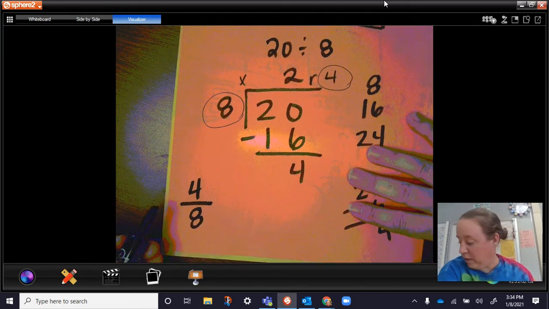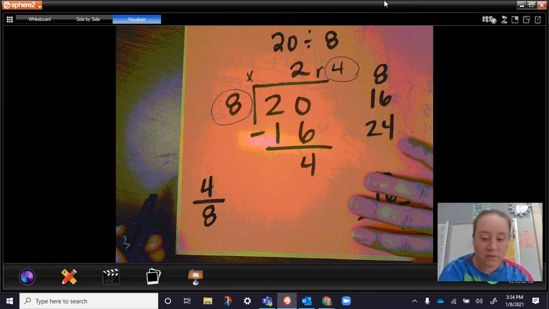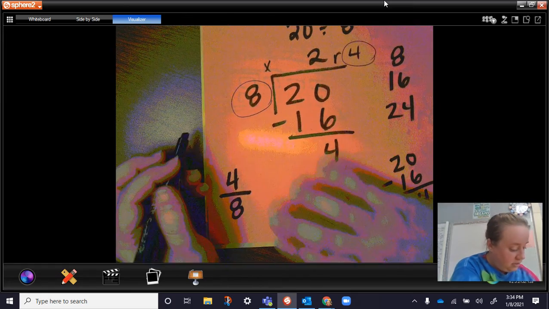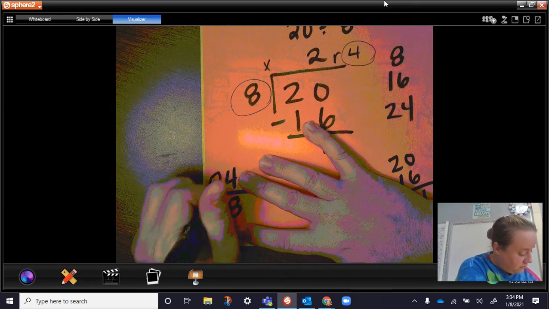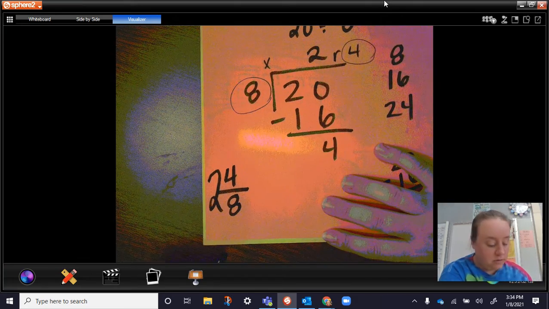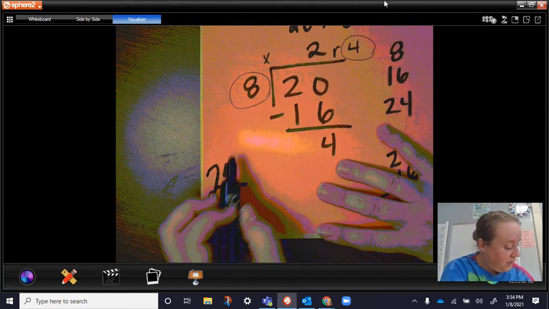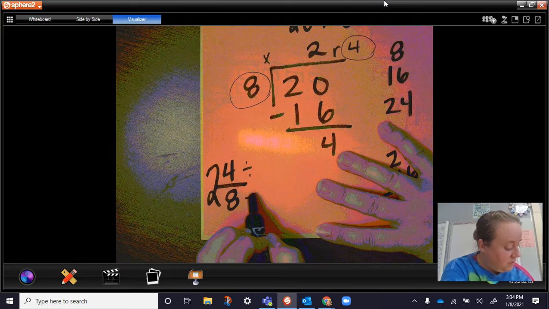Well, 4/8, when we looked on our answer choices, 4/8 wasn't one of the options. And the 2 is the whole number, so it goes in front. 2 and 4/8. So we needed to simplify. So we divided the top and the bottom.